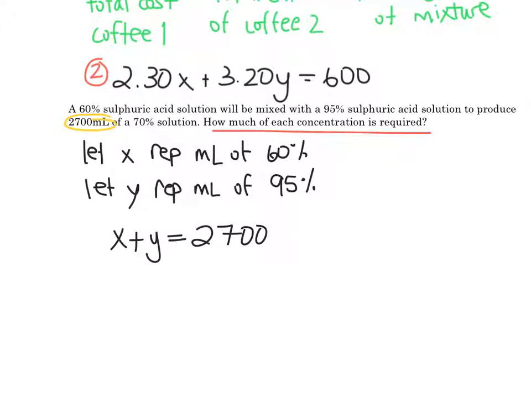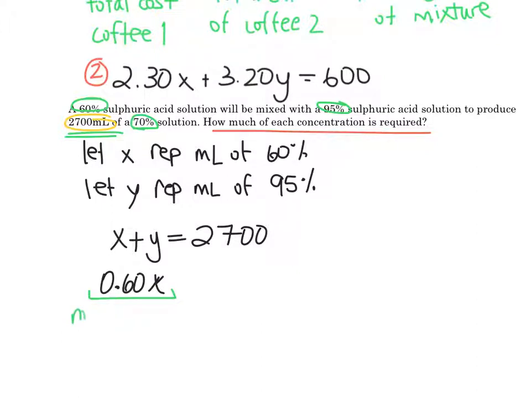The next one is going to come from the concentrations. I have 60% sulfuric and 95% sulfuric, and that's going to give me a total mixture that's 70% of that volume. So I'm going to take 0.6, because that's 60%, times X. This is going to represent the pure sulfuric acid. So I'm taking 60% of my volume.